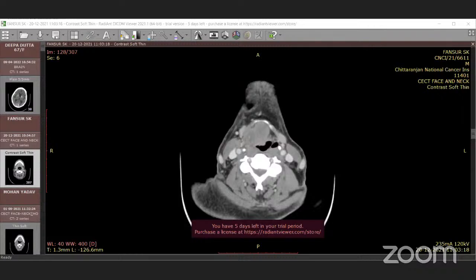There are two kinds of altered fractionation, especially when you talk about laryngeal cancers. For early glottic cancers, as I've already told you, you have hypofractionated radiotherapy.